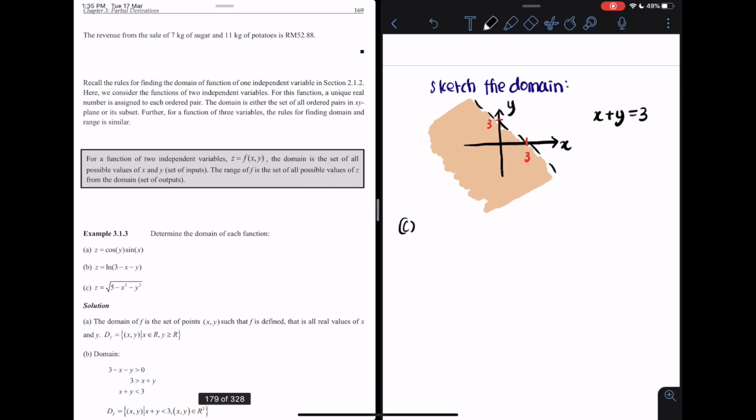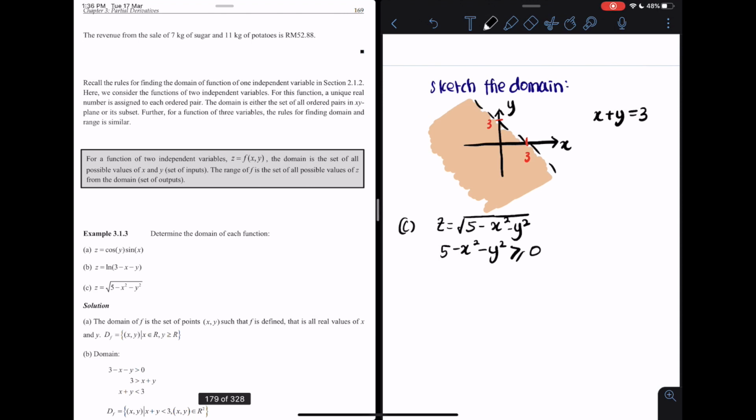You have z equal to the square root of 5 minus x squared minus y squared. When you have this question, again take a look at the right hand side. This function of two variables is written in terms of a radical function. Recall that the argument of any radical function should always be larger than or equal to 0. So I note down 5 minus x squared minus y squared larger than or equal to 0.